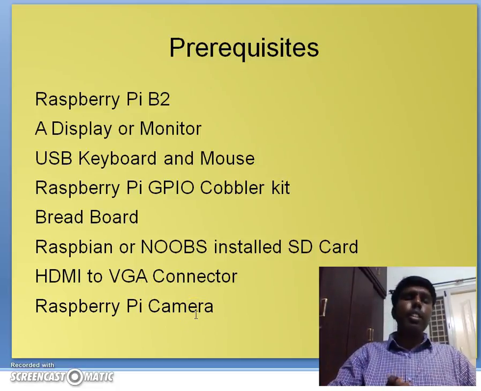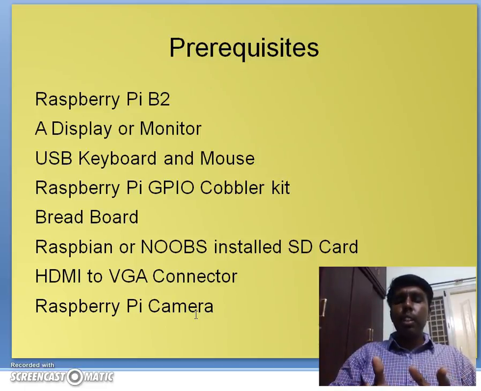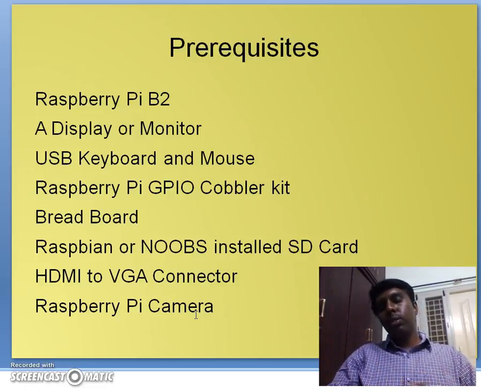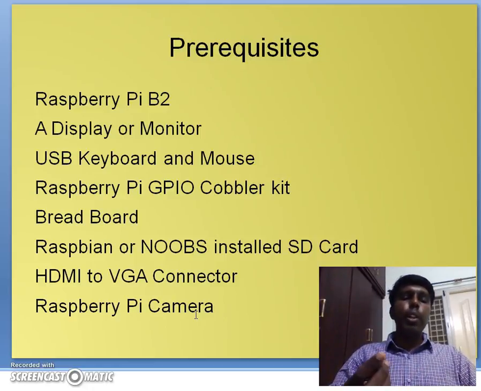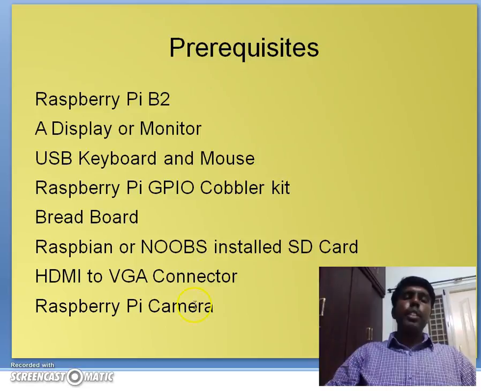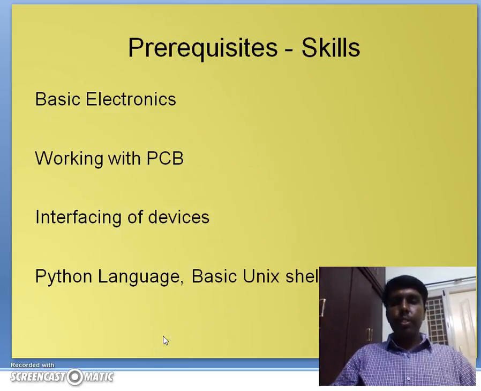This is not strictly necessary, but when you need to extend this project to a robot which can see, then you need a webcam or a camera. Raspberry Pi provides one small miniature camera with which you can capture video or images. Based on the videos or images, you can make decisions for the robot to work.